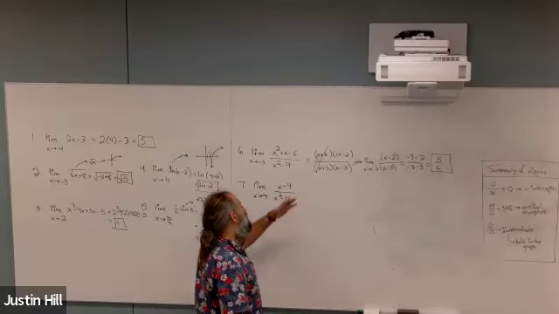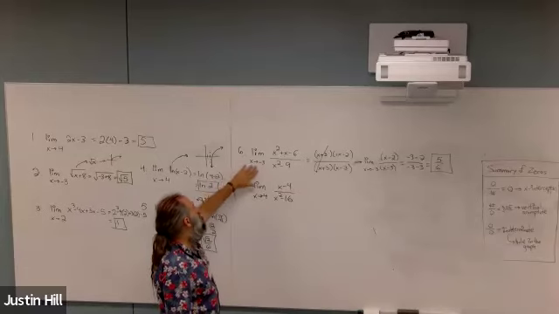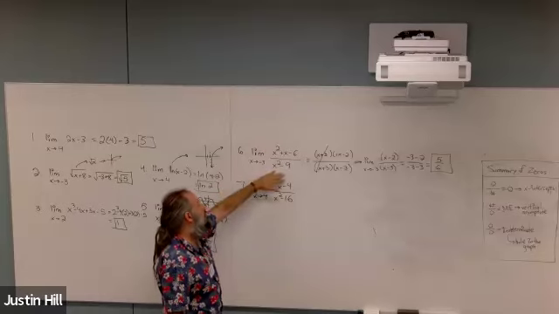All right, so let me explain what I did here. You're looking for the limit as x approaches -3 of x squared plus x minus 6 over x squared minus 9.